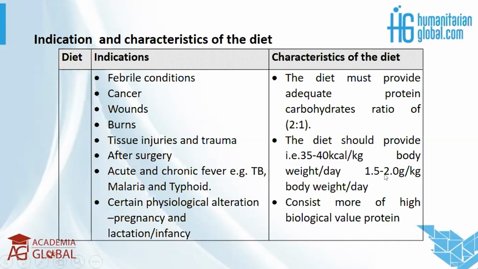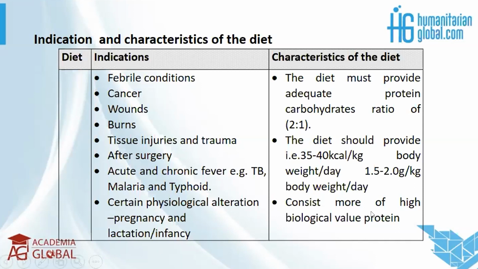And then it should provide high protein, that is 1.5 to 2.0 grams per kilogram of body weight. Remember, I had already mentioned here that the normal protein required by an adult man is about 1 gram per kilogram of body weight. So here you are being told you will increase that amount to 1.5 to 2.0 grams per kilogram of body weight.